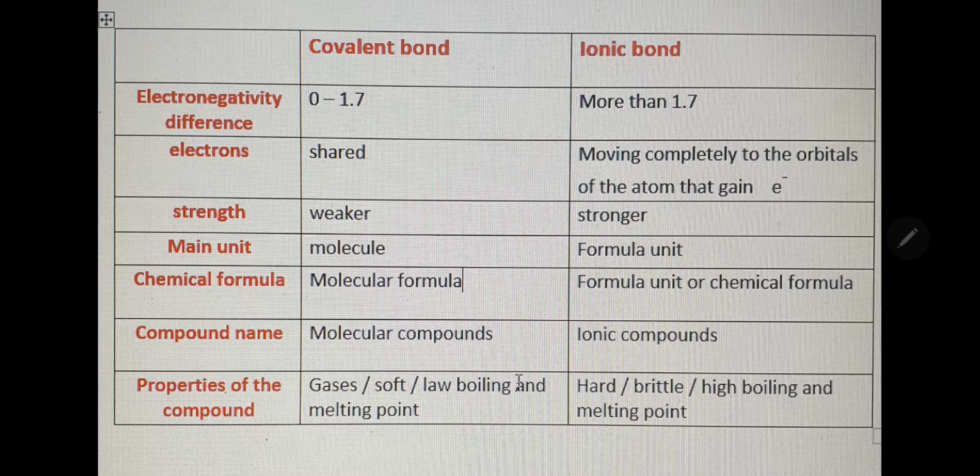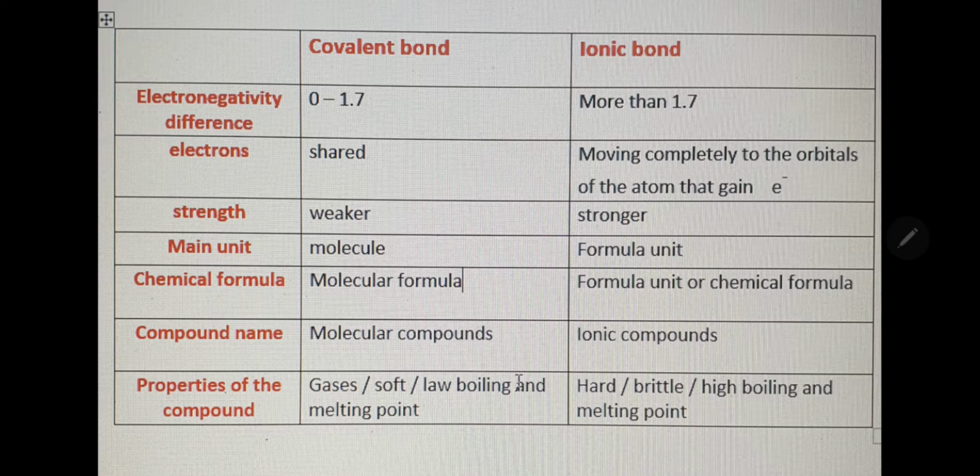The chemical formula for molecular compounds is a molecular formula, while we can't say molecular formula for ionic compounds, because it is a formula unit or chemical formula. As you know, if atoms are bonded together with a covalent bond, the compound is a molecular compound, and if they are bonded by an ionic bond, we have an ionic compound.